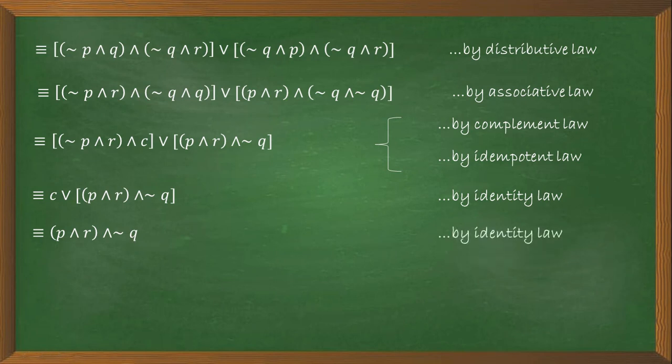Now by rearranging, or by using the associative law, this can be written as P and negation Q and R, by using the associative law. So this is the simplified form of the negation of the given statement.